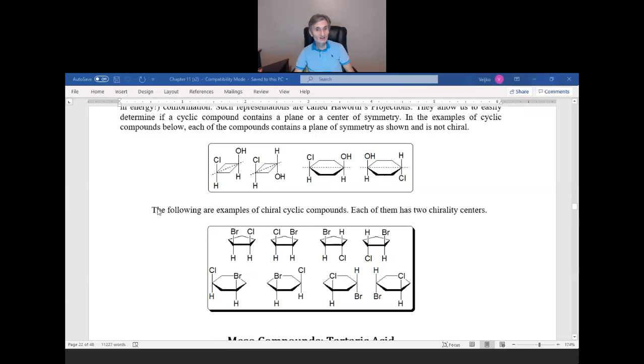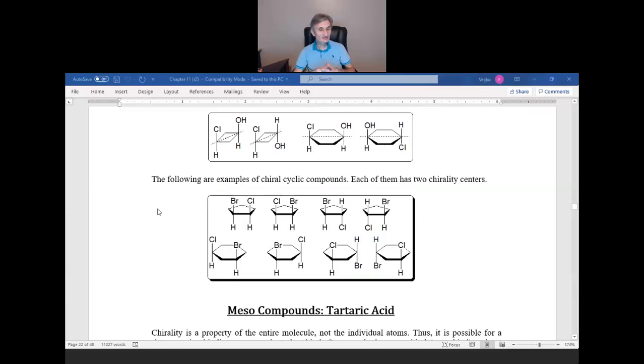But if they are not identical, then we have chirality centers. And so in this case, for each carbon, if you were to draw a line going through the middle of the ring, you would see that each carbon is a chirality center. And then we have 2 pairs of enantiomers, because we have, in this case, 2 different substituents. So this is the cis pair of enantiomers.